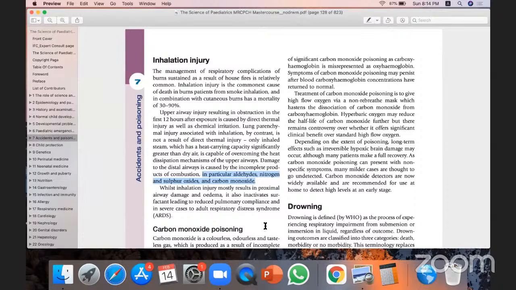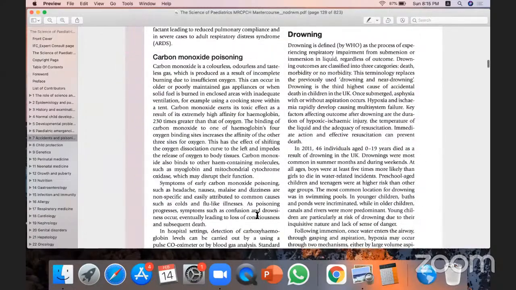This carbon monoxide poisoning is very common after what? After smoke and coal injury. Suppose someone is smoking at home, or there is a fireplace or fire in the home. Next, this carbon monoxide poisoning is very important.